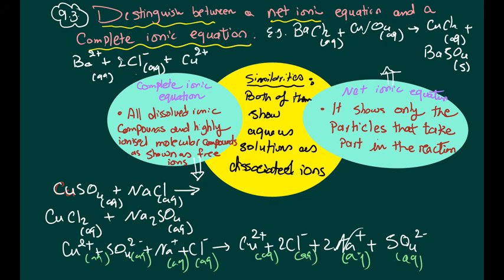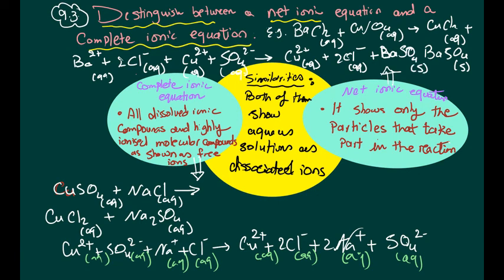Copper plus sulfate, CuCl2, 2Cl. Yeah, the only compound that you leave is barium sulfate because it is non-ionizable, so you leave it as solid.